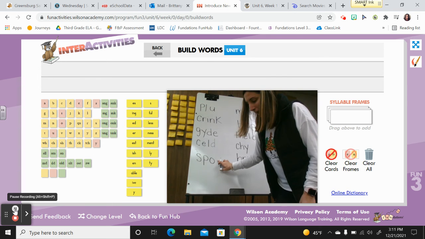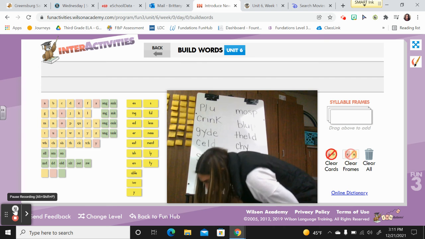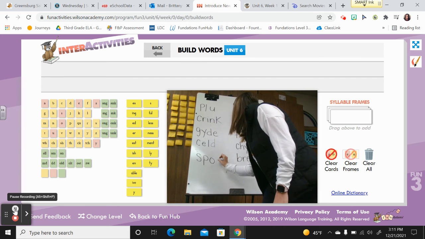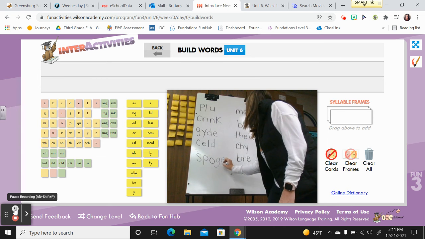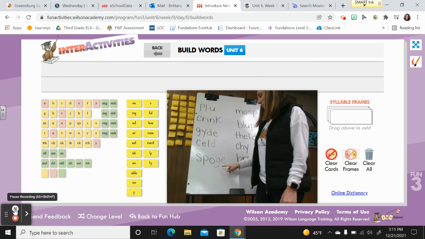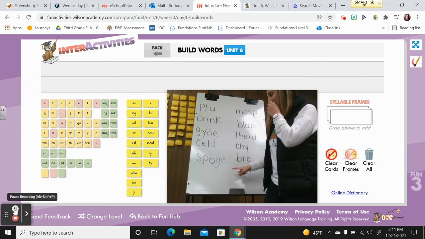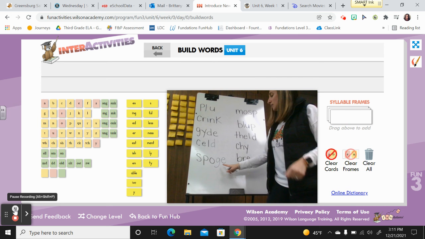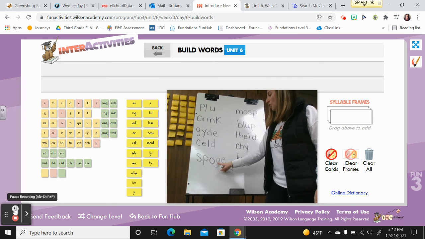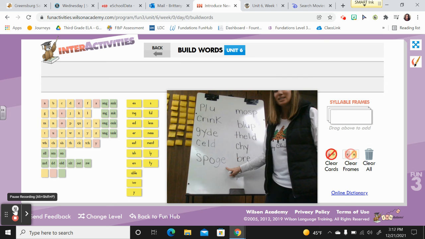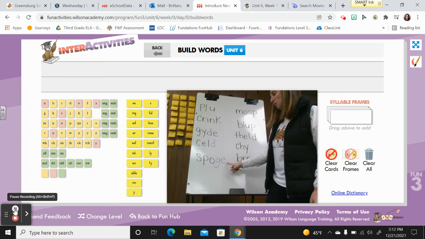Okay. How about I change it to, I'm going to add letters to this one. Watch. This one's tricky. This is spogue. Why? Because this is a vowel consonant E word, right? So this wouldn't say spoge.